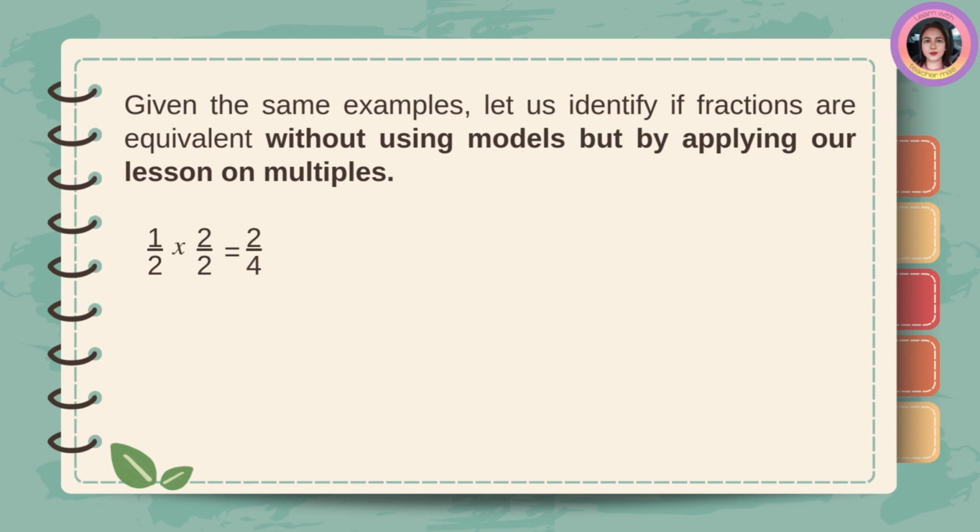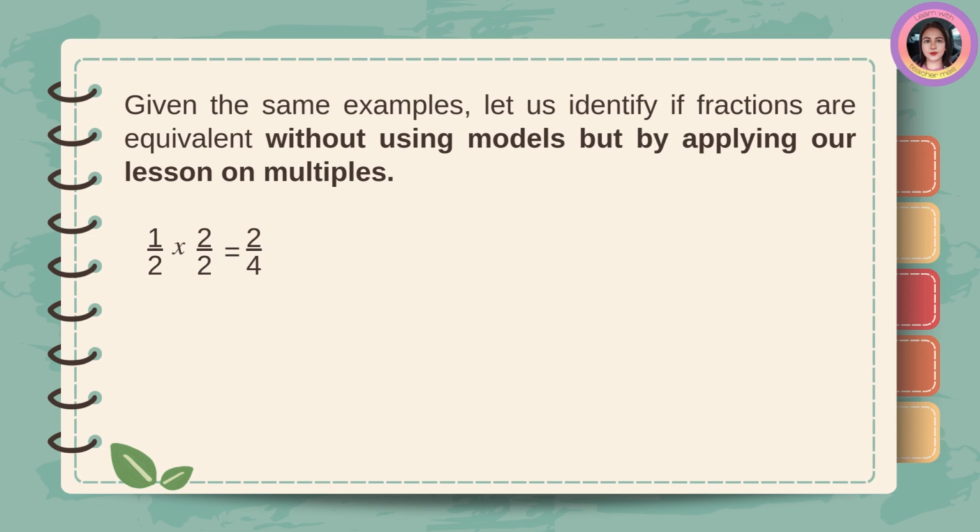Given the same examples, let us identify if fractions are equivalent without using models, but by applying our lesson on multiples. 1/2 times 2/2. In multiplying fractions, multiply first the numerator. 1 times 2 is equal to 2.